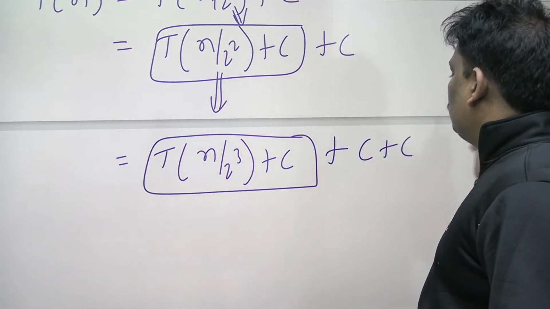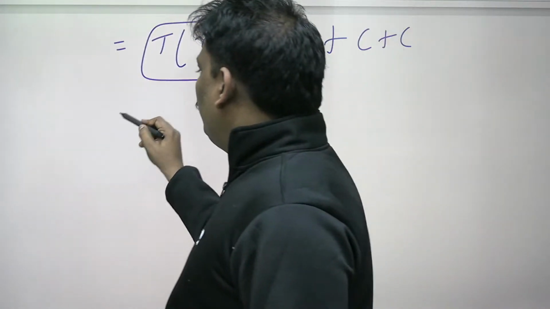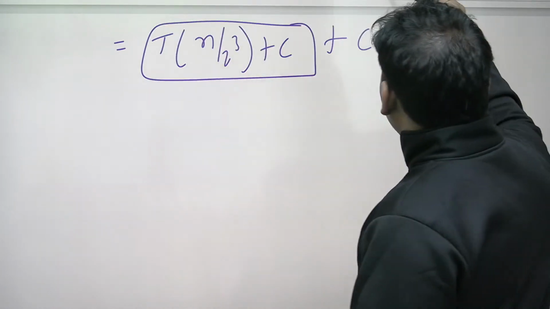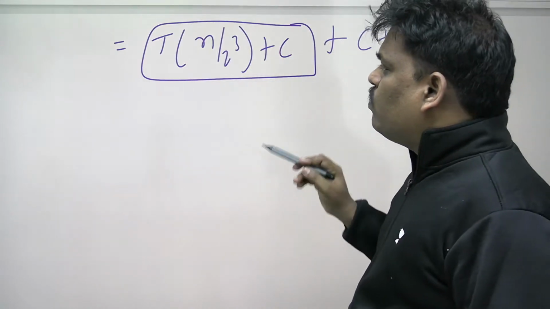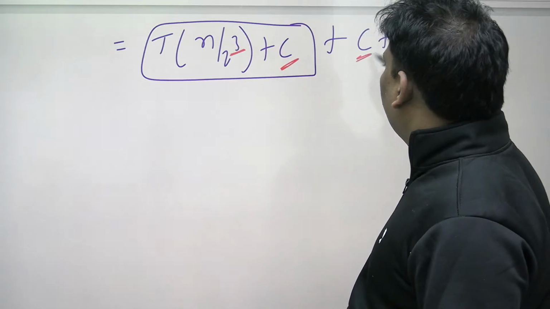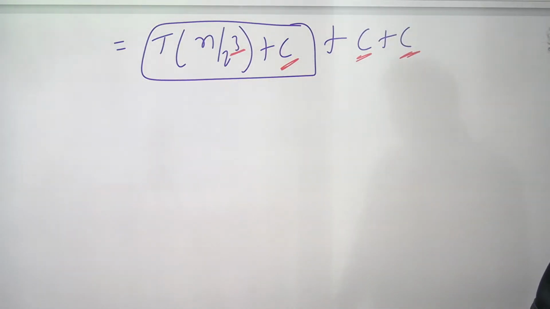So if you observe, this is the story. Three steps are over, observe what is going on. You did 3 times, so you got 3 c's.